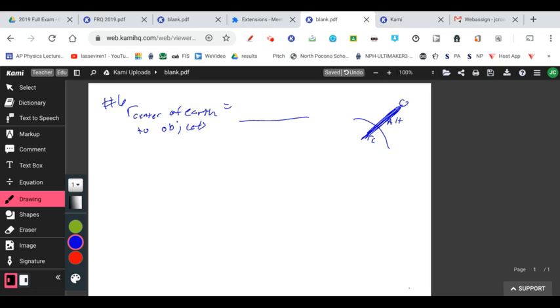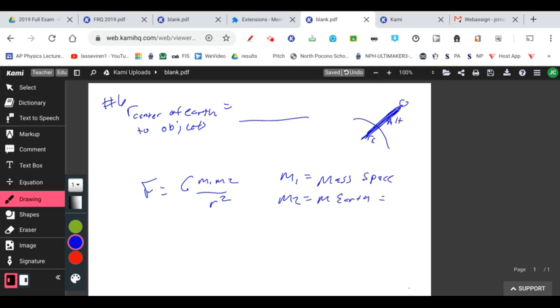To find the gravitational force, we are going to use the equation F is equal to big G m1 m2 over r squared, where m1 is the mass of the space station, which is provided. m2 is the mass of the Earth, which you do have to look up.